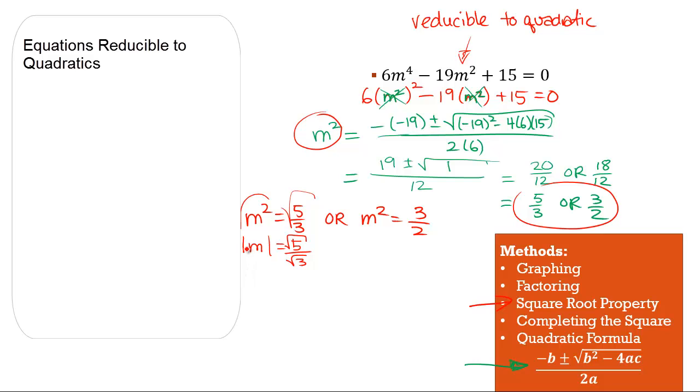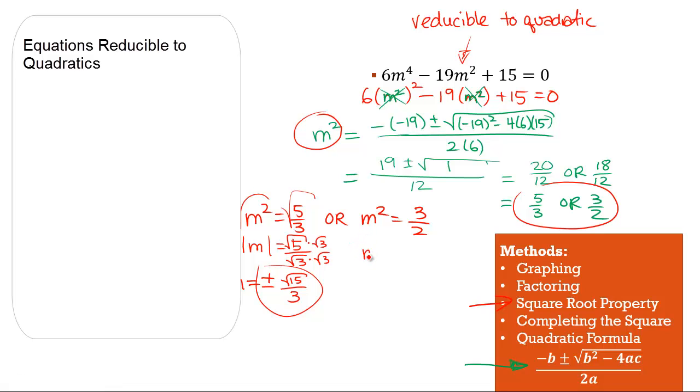But remember that to release that absolute value, we have plus or minus that. Also remember that if you have a radical in the denominator, we need to rationalize it. So we would multiply by root 3 so that we get root 15 over 3. So that's one set of answers.